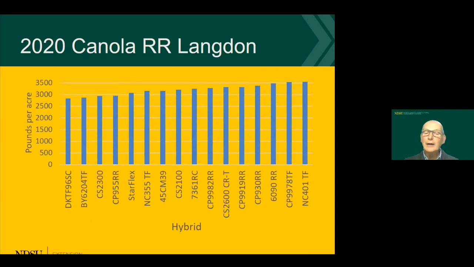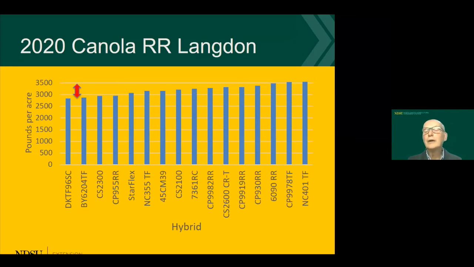So here I've done the same with the table, but now I am putting all the hybrids on the X and the pounds per acre on the Y, and you can see that there is variability in yield. If you look here to the right, the highest yielding is slightly over 3,500 pounds. On the left, you see a few that have a little lower yield.